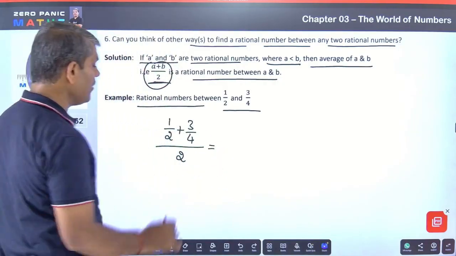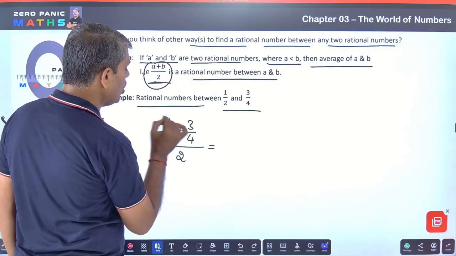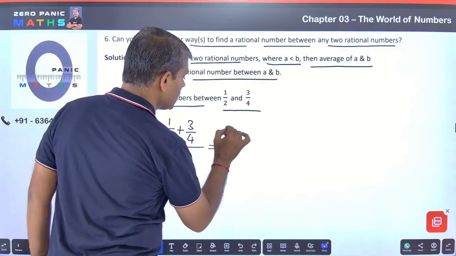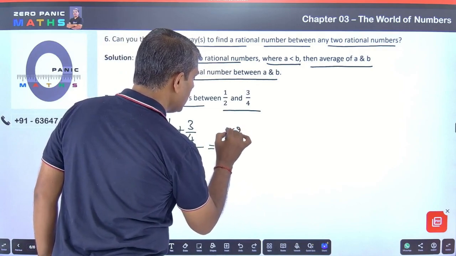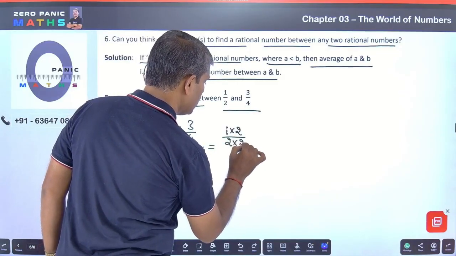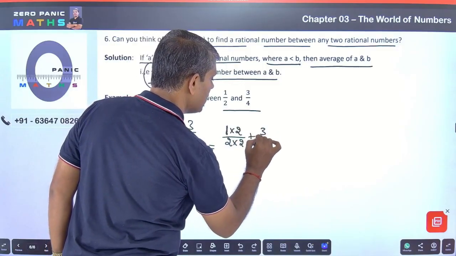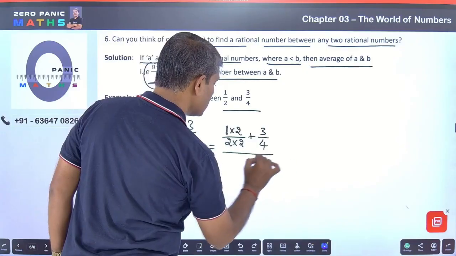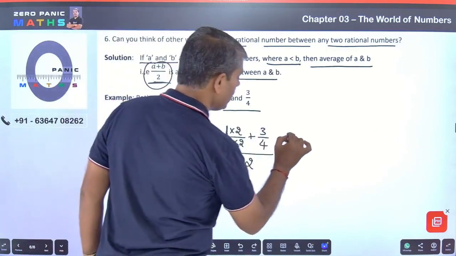Adding 1 by 2 and 3 by 4 is, as usual, the law of addition given by Brahmagupta. So first convert the denominator of 1 by 2 to 4. That is 1 into 2 divided by 2 into 2, so it is 2 by 4.